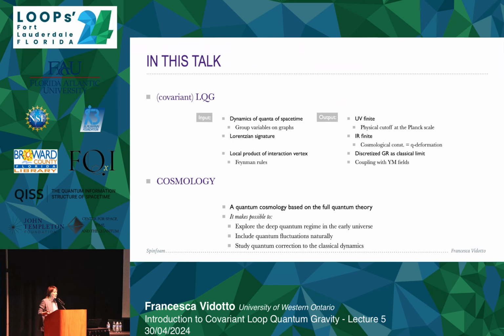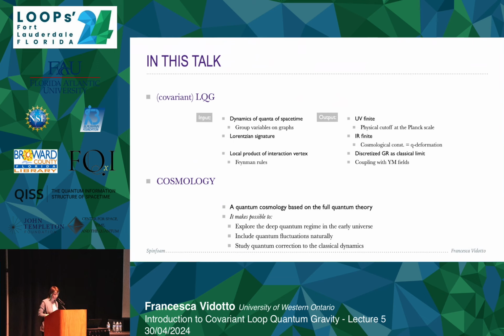Here, I don't have trajectories, so we are in a full quantum theory in which we compute transition amplitudes. So we have an initial state and a final state. I can give you probabilities for going from one to the other. So connecting with what we know from standard cosmology requires a bit more thinking, let's say. But I will show you that this is possible.